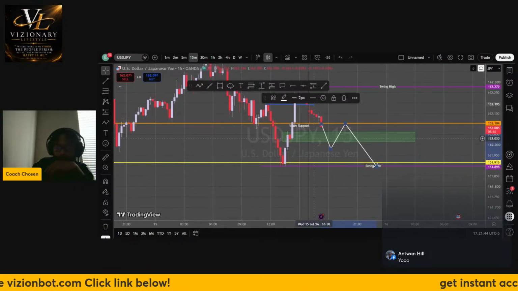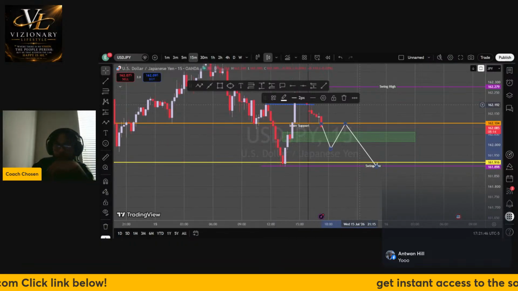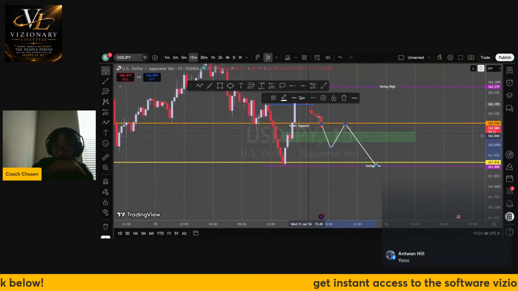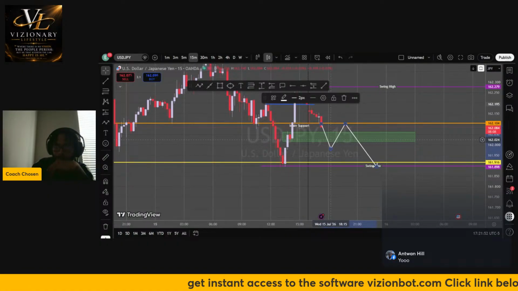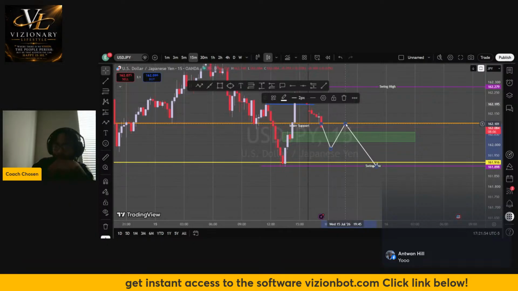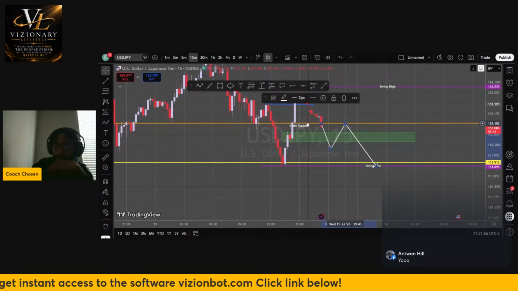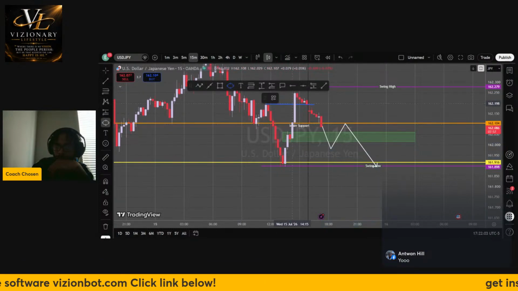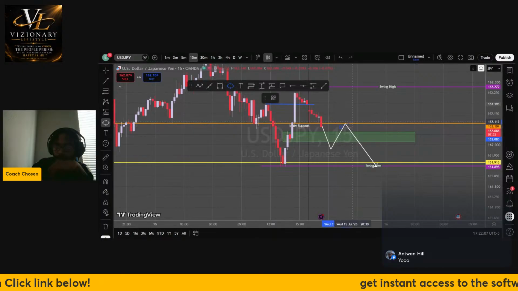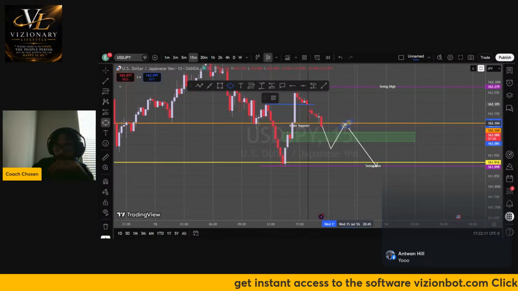Because this is a demand zone. Last time price was here, it bought. So I need price to come down here, respect it, pull back, because it's a structure we're breaking. And this is where we want. Right here.